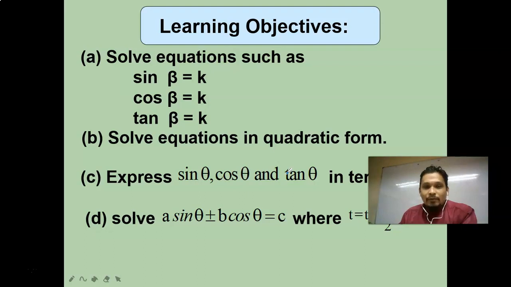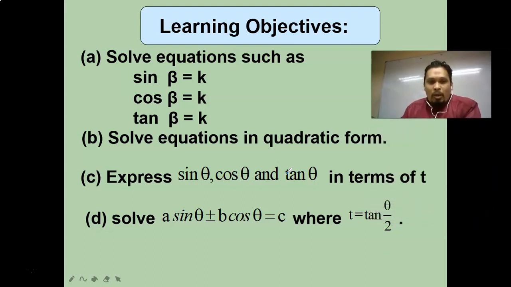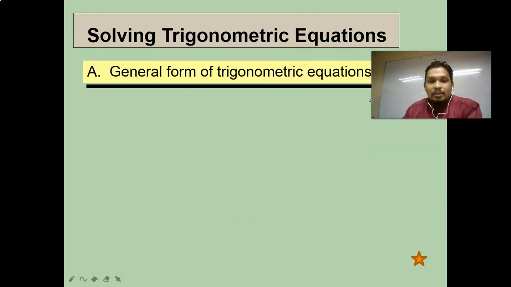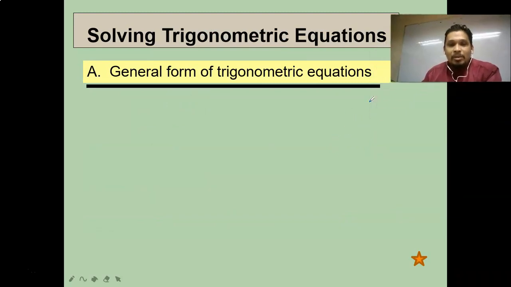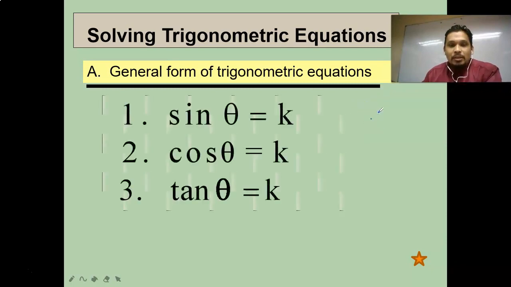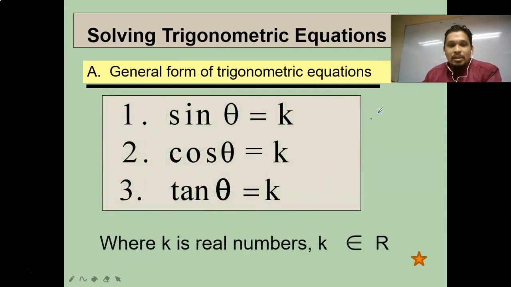We're going to solve equations such as sine of beta equal to k, in a quadratic form expressed in the term of t, and also solving equations with t equal to tangent theta over 2. So, several forms of trigonometric equation, where k is a real number, an element of real numbers.